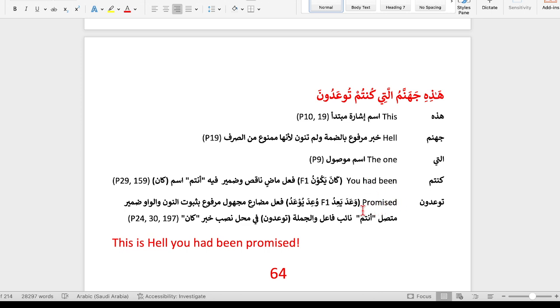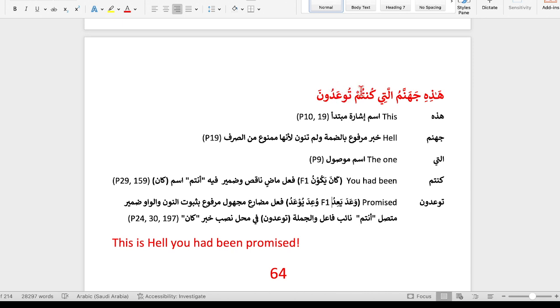Tu'aduna, so again another verb: wa'ada ya'idu, to promise, form 1. Huwa ya'idu, huma ya'idani, hum ya'iduna, and for antum it is going to be ta'iduna, not tu'aduna.